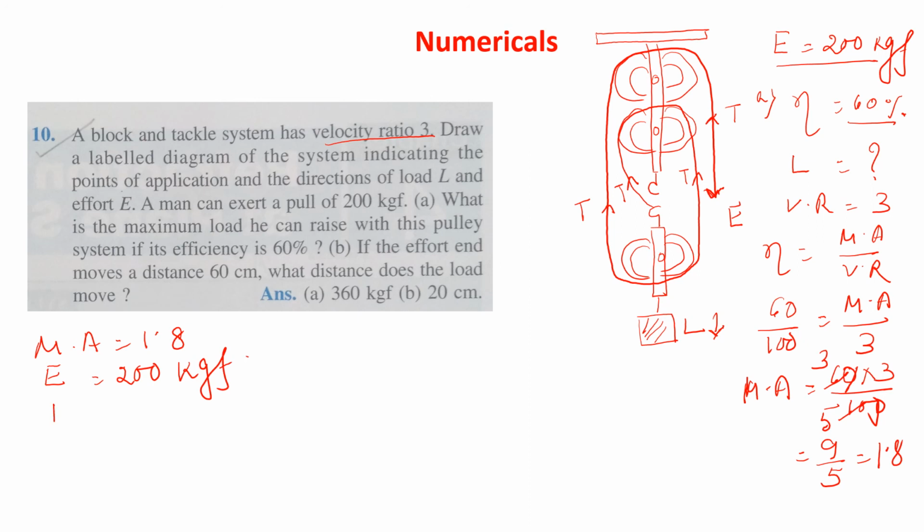From here I can find out load, because mechanical advantage is equals to load by effort. So from here I can write mechanical advantage is equal to 1.8 is equals to load by 200, or load is equals to 1.8 into 200, which is coming to 360 kgf.